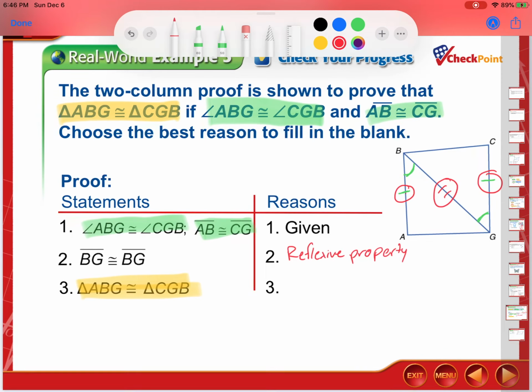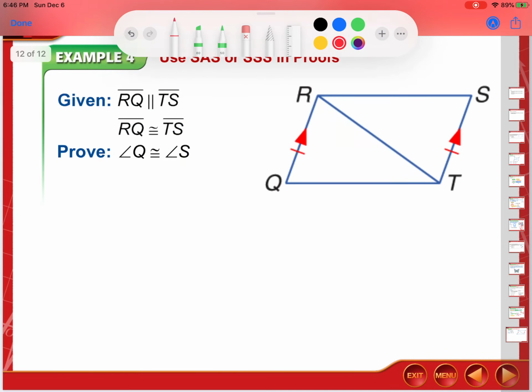So side 1 being these sides with 1 hash mark, and then side 2 being the shared side with 2 hash marks. Those are congruent on both triangles, and the included angle is also congruent on both triangles. So we can say side angle side means that those are congruent triangles. All right?